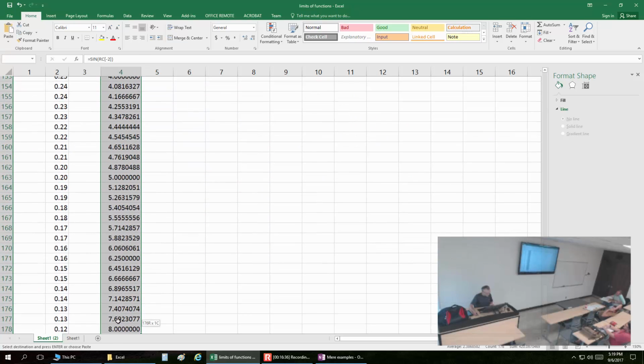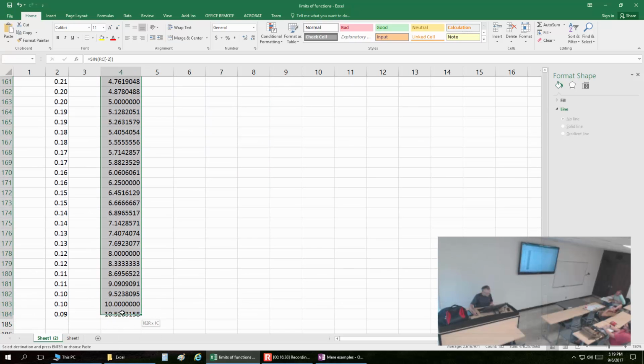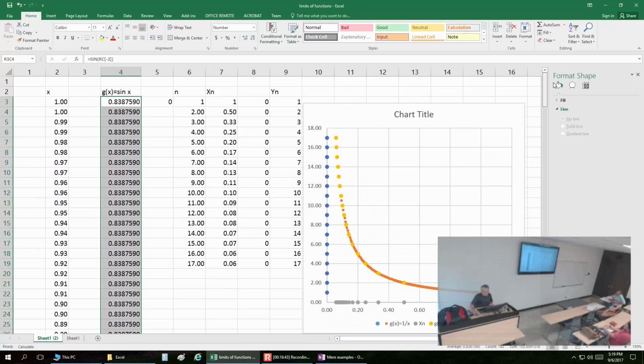Okay, let's try again. We'll get just a few. Okay, so that's my sine, which just happens to be kind of small because it's stretched, but that's okay.